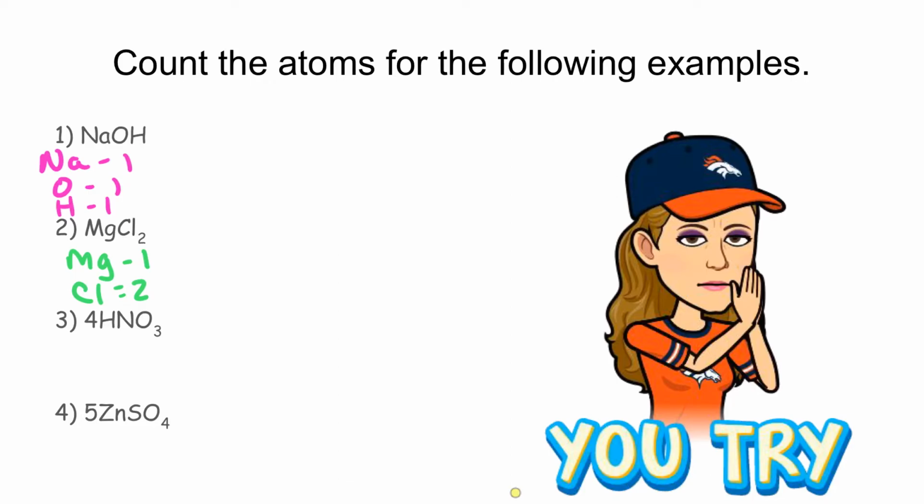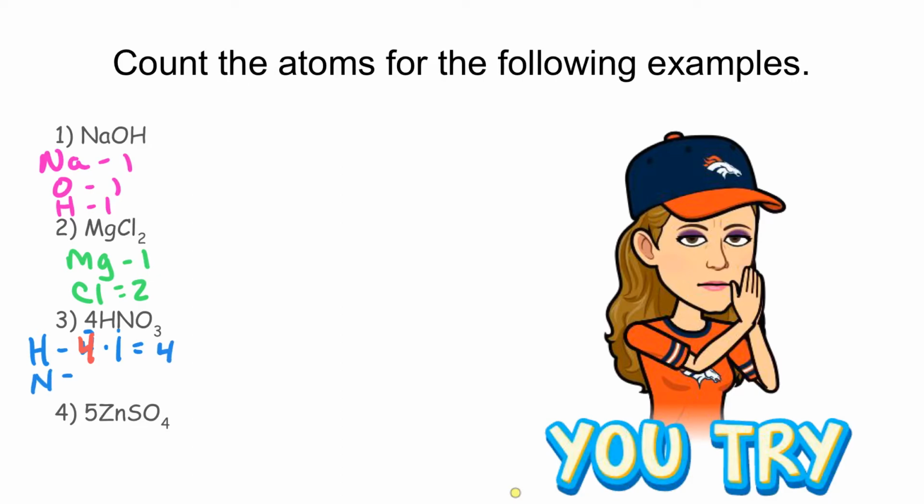Then the next example is 4HNO3. So now we have this coefficient and we have some subscripts. For hydrogen, we have the 4 coefficient, and hydrogen has no subscript, which means it's just times 1 equals 4 total hydrogen.